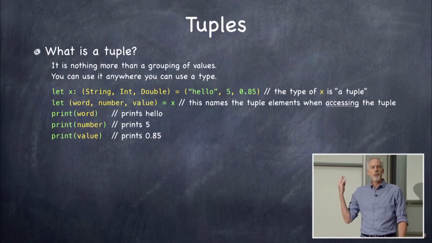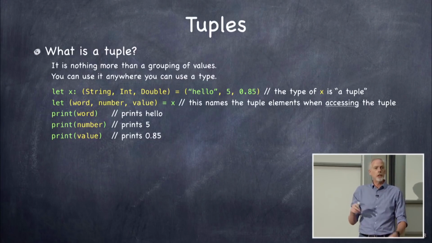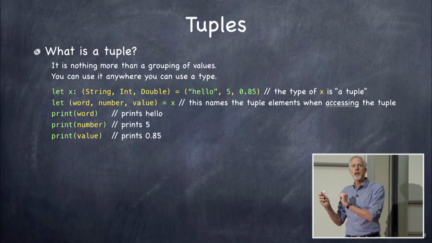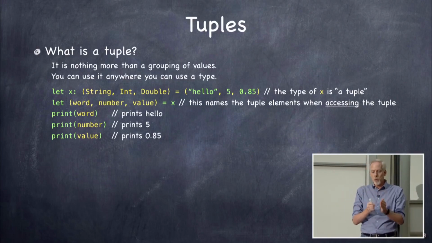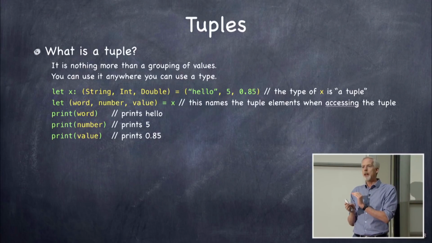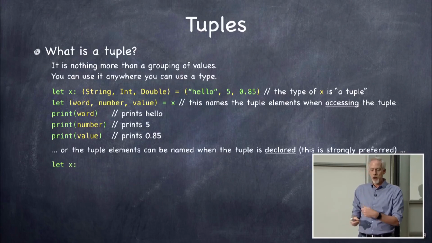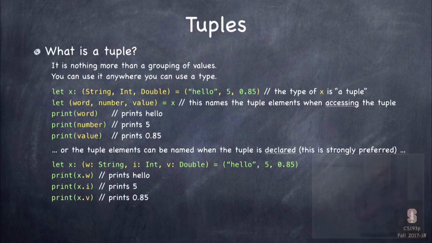You can define the names when you get the values like this. let (word, number, value) = x. And that actually assigns each of the values of x to the 3 variables, word, number, and value. Okay? So I'm kind of giving the struct elements names as I grab them out. Or you can do it the other way around. When I define x, I can say x is a tuple that has a string, an int, and a double called w, i, and v.